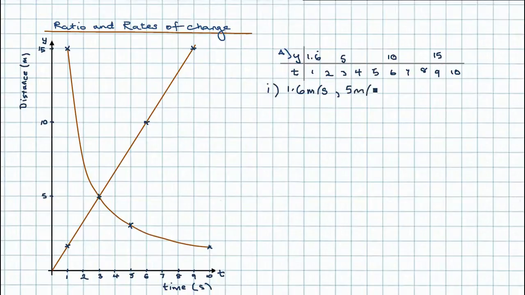Well, that's going to simplify to a unit rate, which is 1.6 meters per second. And 10 meters to every 6 seconds is also 1.6 recurring meters per second, 1 2/3, and 15 meters for every 9 seconds also simplifies to a 5:3 ratio, which then we can translate into a 1.6 meters per second unit rate.